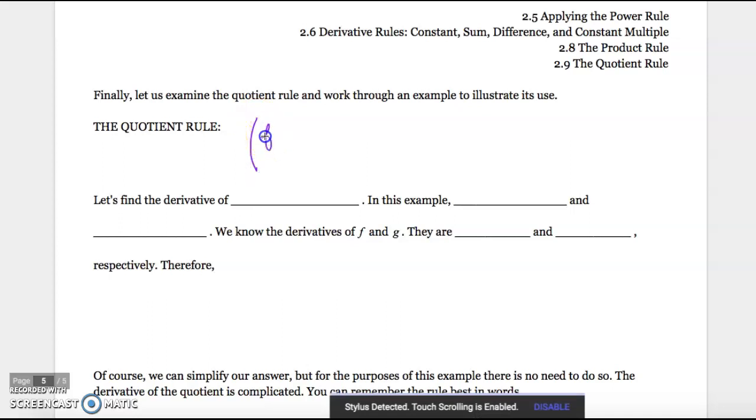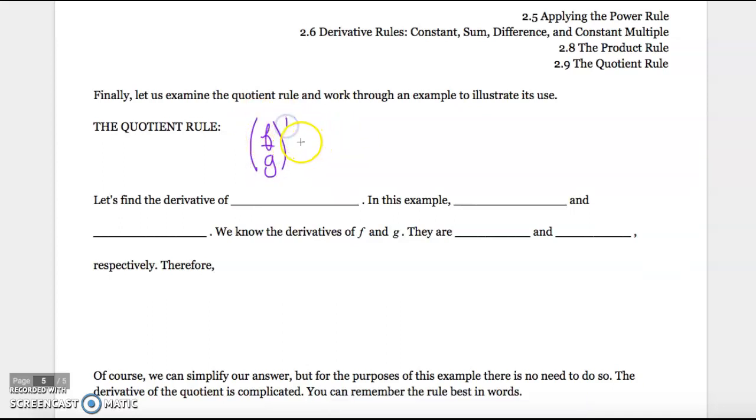If you have f divided by g, that's a quotient, the answer to a division problem, and you try to take the derivative of it, what your derivative shortcut ends up being is g f prime minus f g prime, all over g squared. There are proofs of this out in the world if you would like to go find one, but you just have to know it.